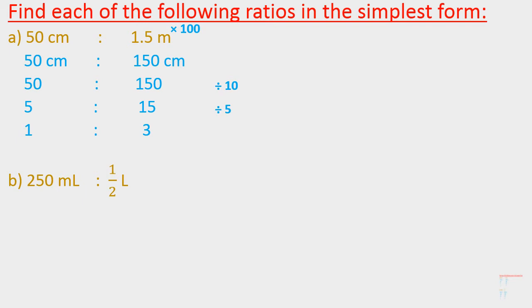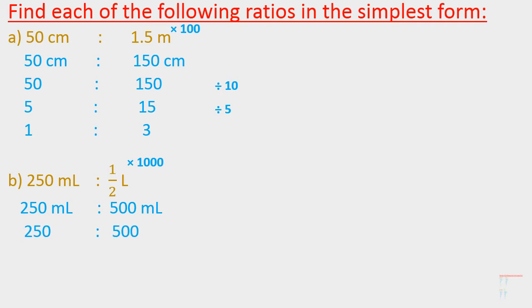Half a liter, we can multiply it by 1000 to convert it to milliliters. Half times 1000 equals 500. Then we have the ratio 250 milliliters to 500 milliliters. We can ignore the two units, milliliters with milliliters. Then we have the two numbers, 250 to 500.